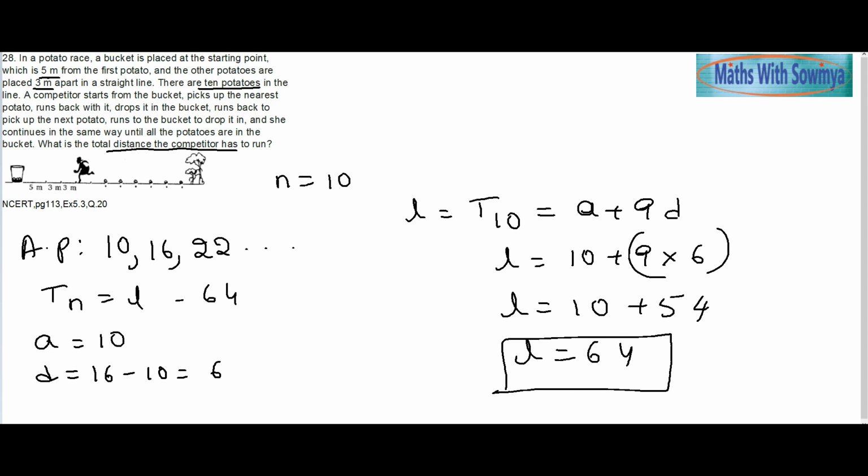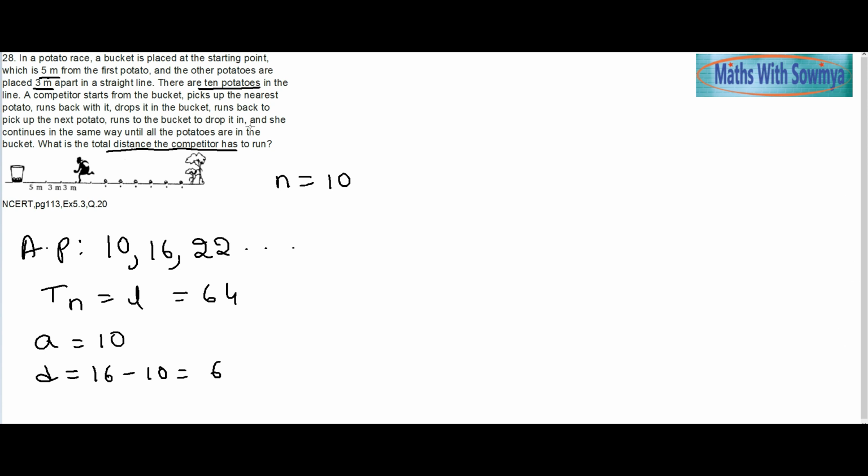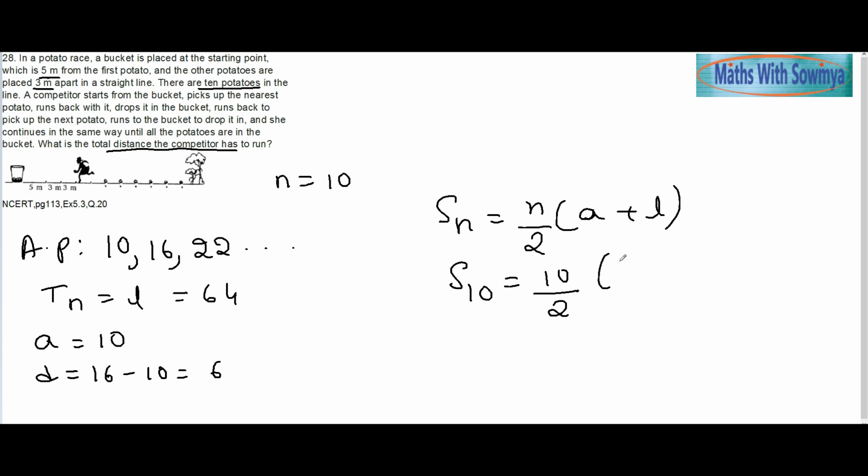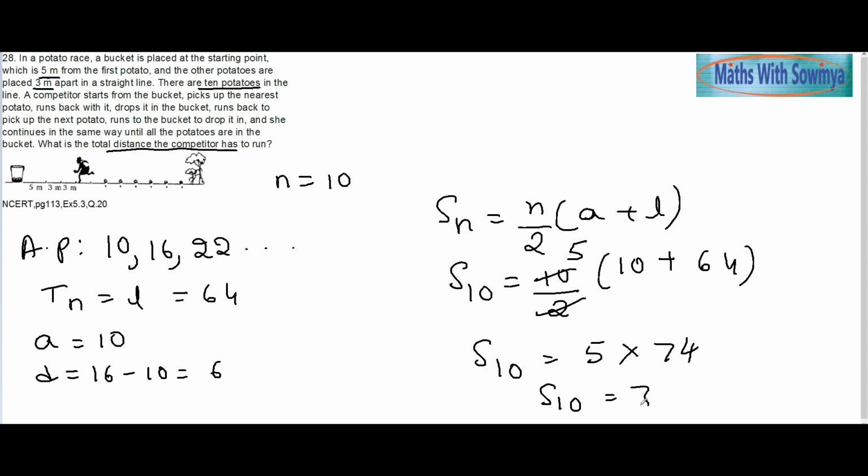I have the first term and last term, so I can directly apply Sn, or we can apply the normal formula also. So Sn is n by 2 into a plus l. S10 is 10 by 2, a is nothing but 10 plus 64. 5 into 74, so S10 is 370.